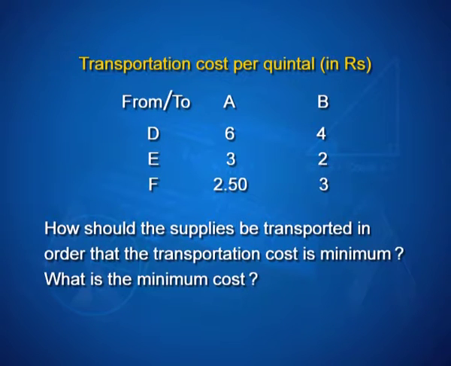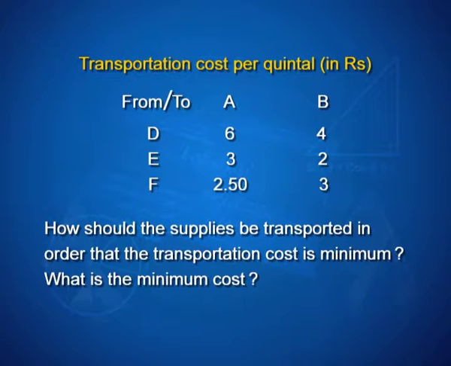So, if you read this table, it gives you complete information that from A to D the per quintal transportation cost is 6 rupees, from A to E 3 rupees, from A to F 2 rupees 50 paisa.